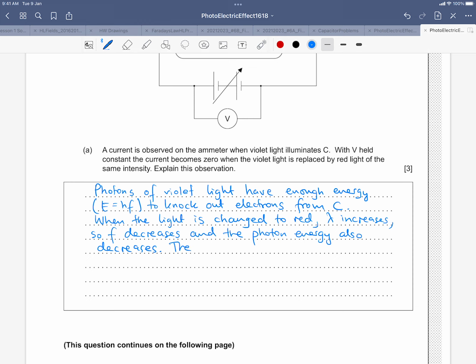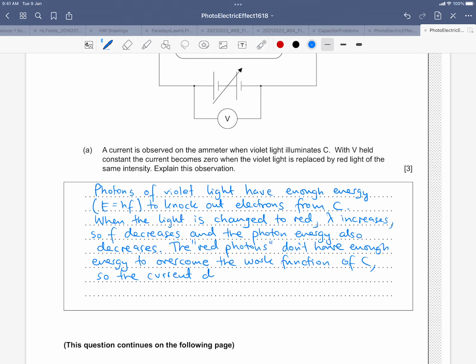So the red photons don't have enough energy to overcome the work function of C, so the current disappears as no electrons are knocked out.